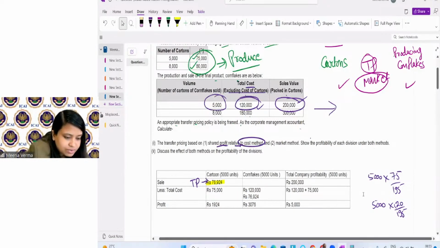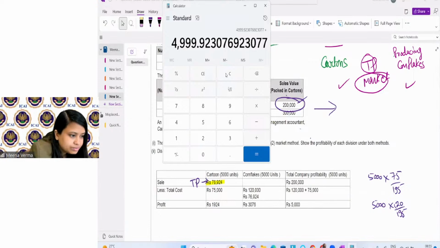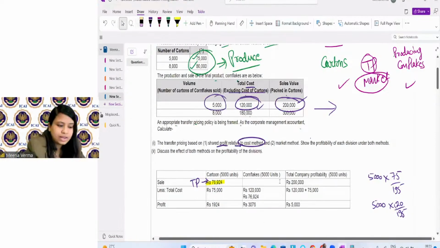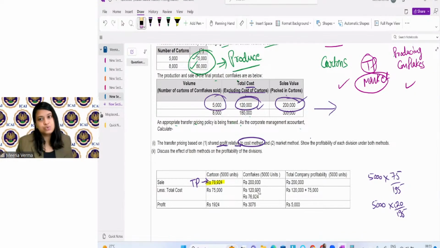So if I add these values, I'll get the total sale value. Right. This will give me the total sale value, which is 2 lakh. You can see here it is coming as 2 lakh.